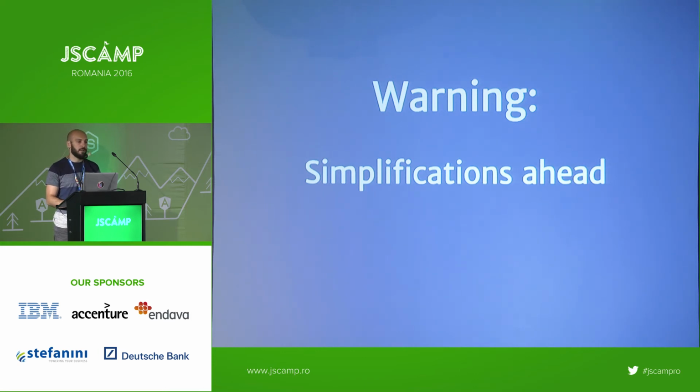So I'm just going to try to give you an intuition of how they can be used. But the formalisms are quite a bit more complex, and I'm not going to mention a lot of things. But I hope that you will understand at least how they can be used. Okay?